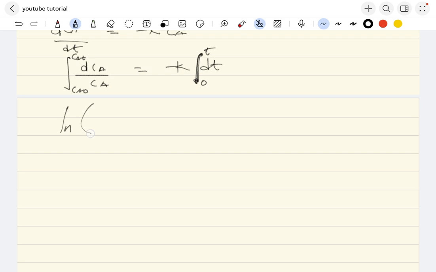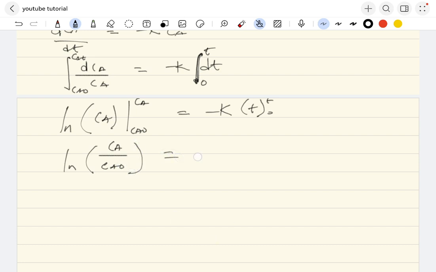So it will be ln CA from CA naught to CA, which is minus k bracket t and 0. Okay, so we are going to get ln CA all over CA naught, which is minus k t from 0 to t.